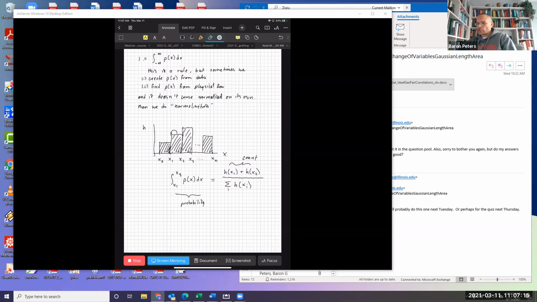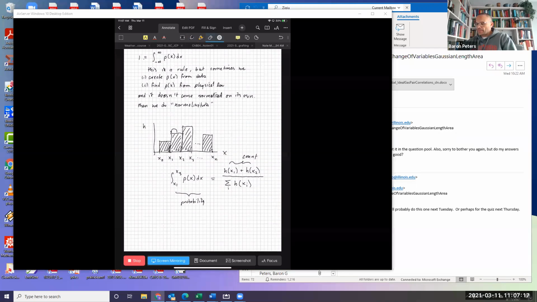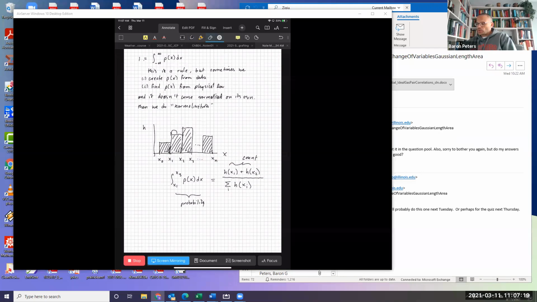So that's one situation where your probability density idea comes up. By the way, if you want to write down something that actually approximates the density, then you would say that rho of x itself, I would have to write it as the height of the bin located at x.